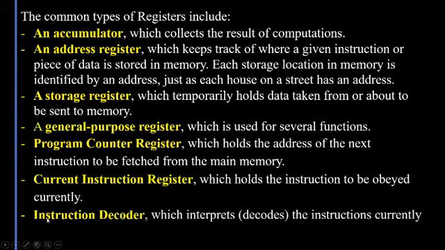We have instruction decoder. This one interprets or decodes the instructions currently held in the instruction register. So it is basically for interpreting instructions to create the meaning of particular instructions which are meant to tell the computer what to do.